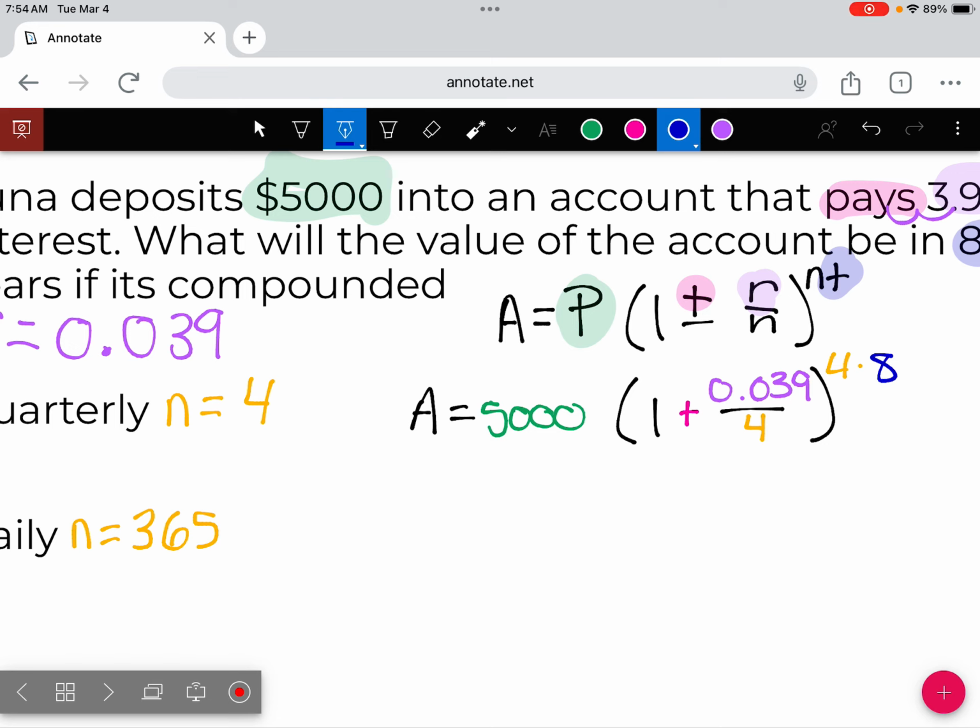Thankfully. So what do we get as our value in the bank account? How much money does she have if it's compounded quarterly?